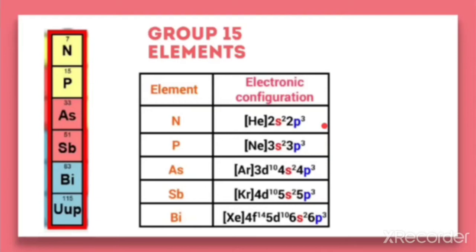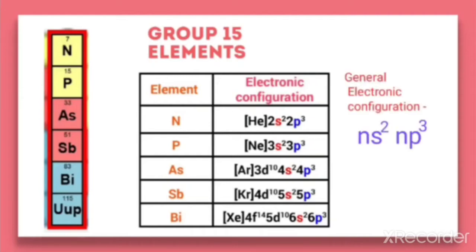The last shell is the second shell, where 2 electrons are in s and 3 electrons in p. Similarly, for all the elements it is clear that there are 5 valence electrons. Therefore, the general electronic configuration for these elements can be expressed as ns2 np3, where n is the outermost shell.